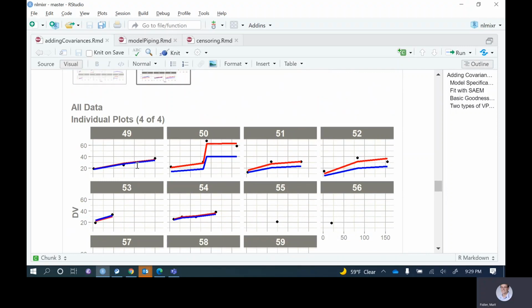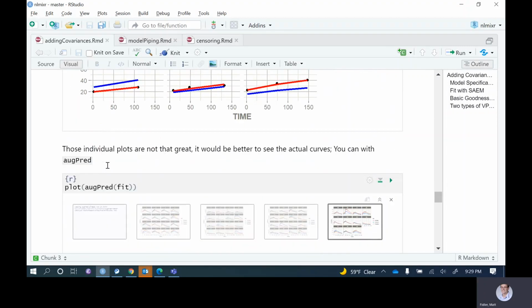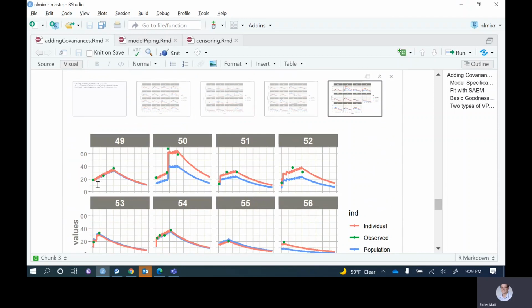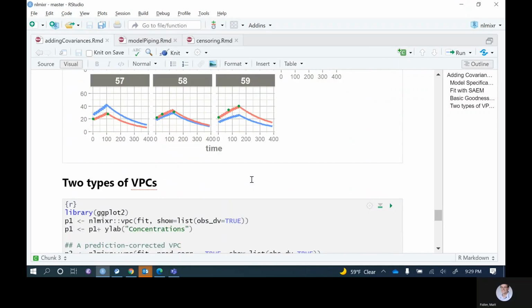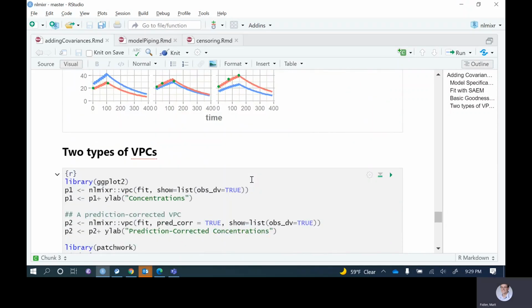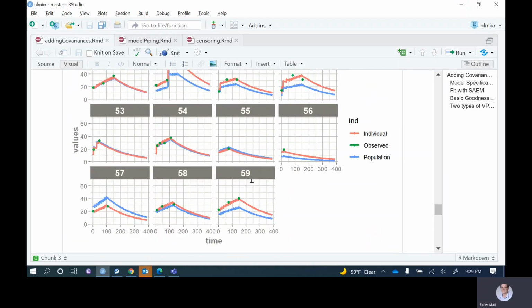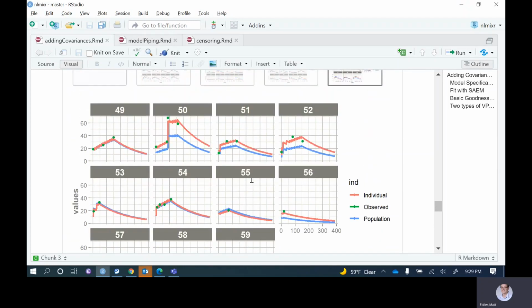We have 49, you don't see very much here, but in here we see patient 49 has a lot of dosing that goes up, and then eventually has this one compartment off behavior. You can see that with all the other patients as well. So you actually get a lot more information about what's happening by looking at these individual augmented predictions that you can use in nlmixr.